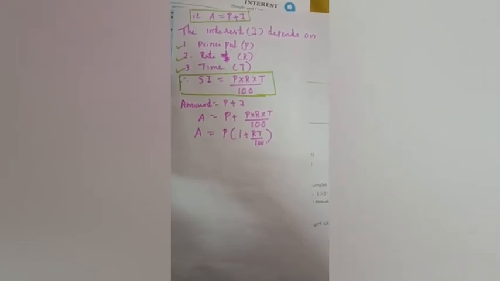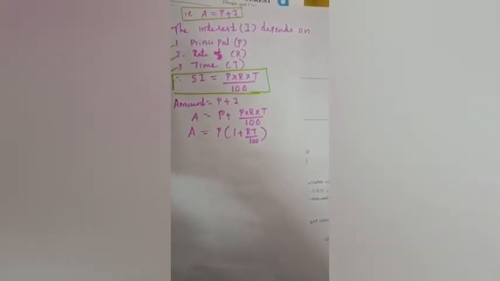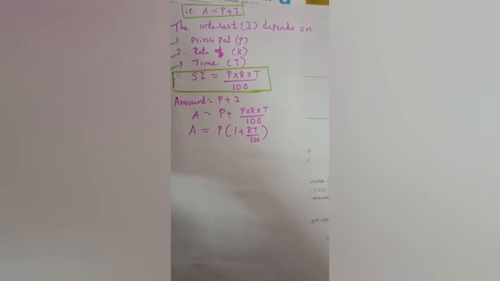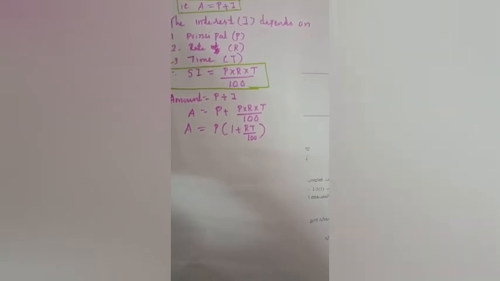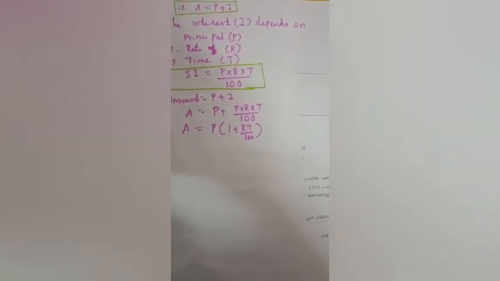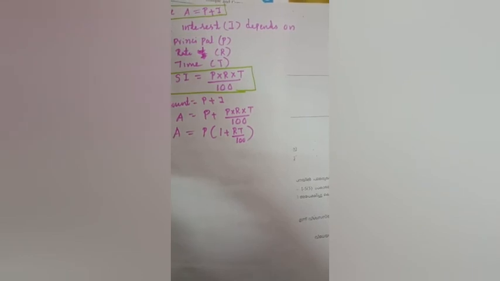Okay. And in this lesson, interest, how to find interest. Simple interest is equal to PRT by 100. P means principal, that is the money we borrowed. R means rate of interest. T means time period. Then if we get the interest, what is amount?